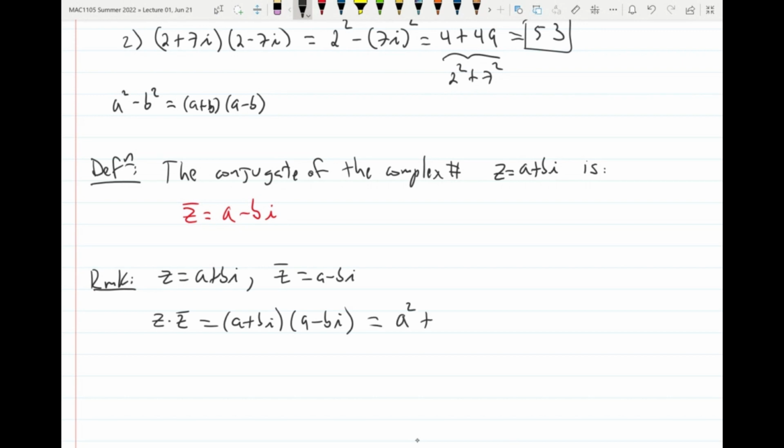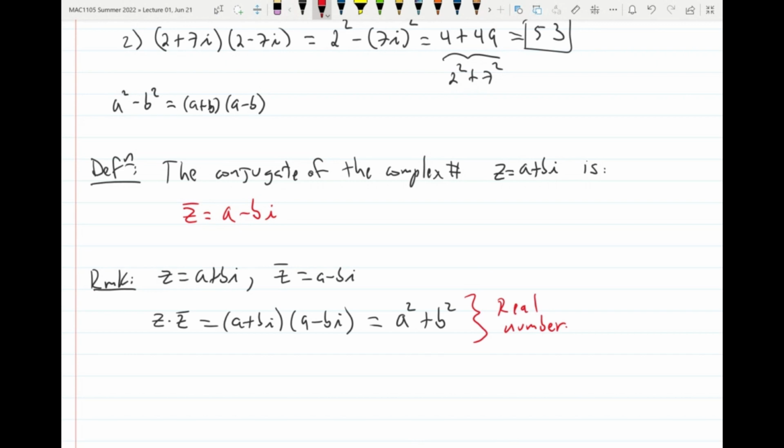This is a squared plus b squared. Okay? And the interesting thing here is that this is now a real number. So you can get a real number out of a complex number by multiplying it by its conjugate. Okay? That's the observation here. And it's always the real part squared plus the imaginary part squared. Okay?